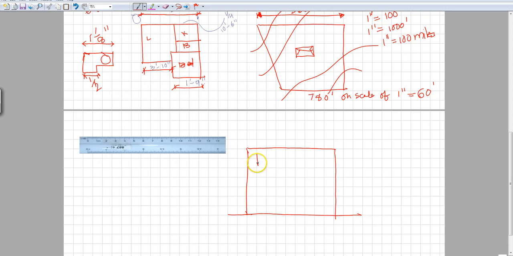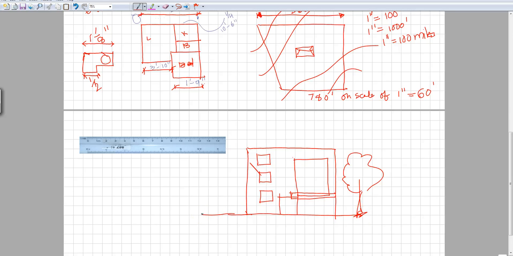So these would be some windows, okay, and this would be maybe some weird opening. I would have another door here. This would be a canopy, all that stuff. Then I probably might have a tree here. Okay, so you get the idea, right?